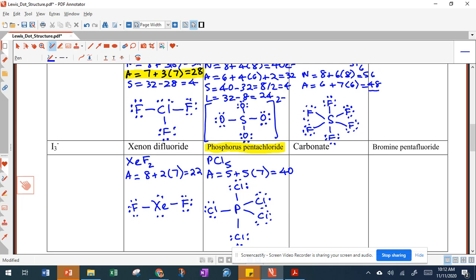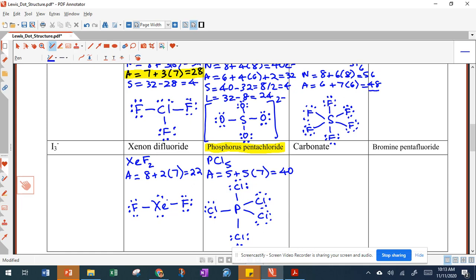We see we're using 6 plus 6 is 12, 14, 16, 18, 20, but we're supposed to be using 22. So in this case, we're also going to be adding 2 more electrons to our central atom. If you look at xenon, it's on the 5th period on our periodic table, so that tells us that xenon is allowed to expand its octet.